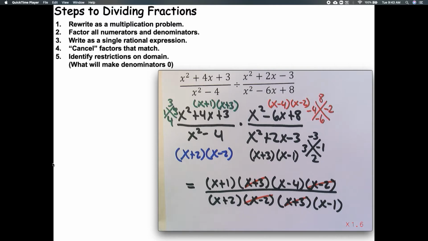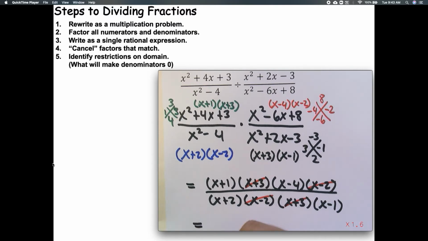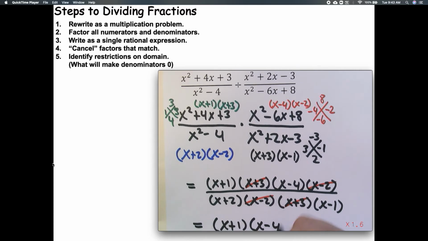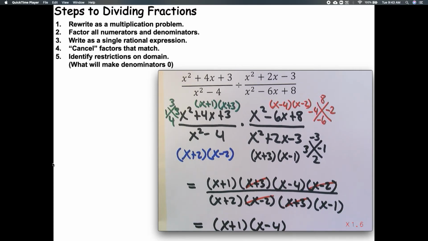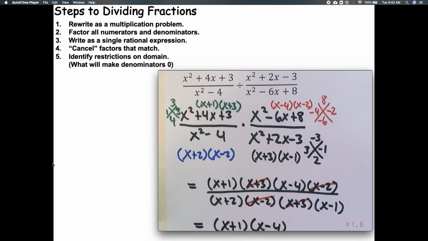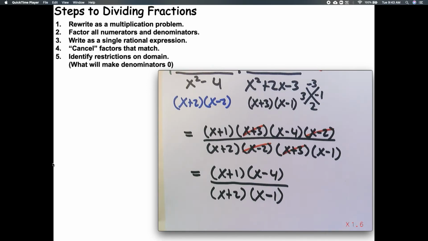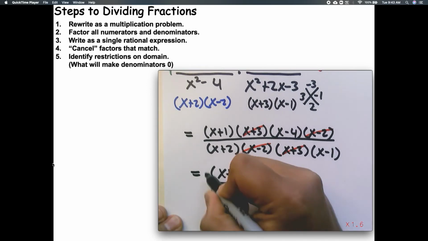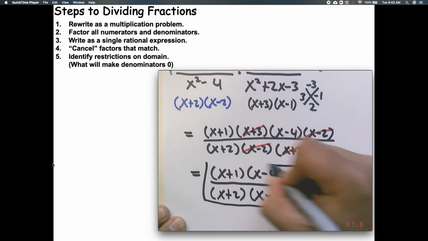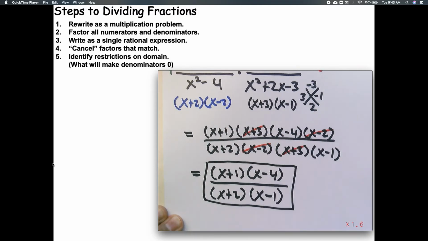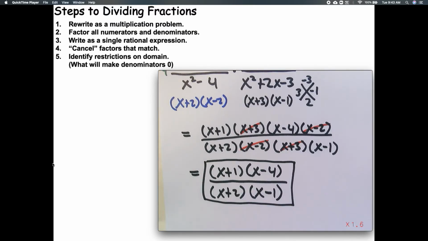So the final one is x plus 1, x minus 4, over x plus 2 and x minus 1. All right, so that is our simplified form. Now I can't take the parentheses off because I'd have to multiply them out. So go ahead and leave it in factored form.